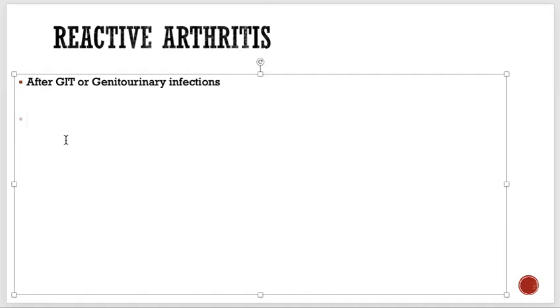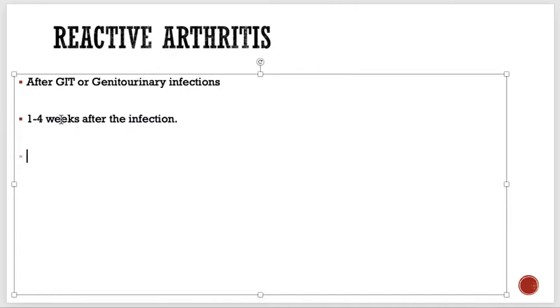So simply the history goes this way: it appears 1 to 4 weeks after the infection, which could be genitourinary or gastrointestinal. Salmonella, Shigella, Campylobacter, and remember, chlamydia.